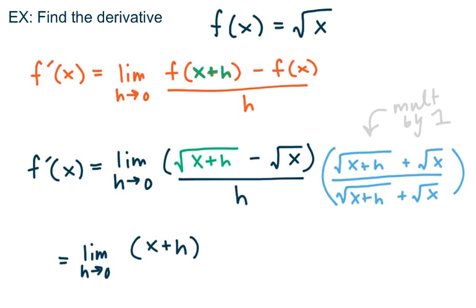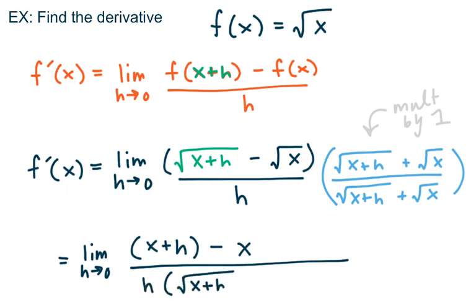And then when I look at multiplying my last two terms, a positive and a negative, that's going to give me negative the square root of x squared, which is essentially just minus x. So my numerator simplifies to that, and my denominator, I have h times the quantity square root of x plus h plus square root of x.